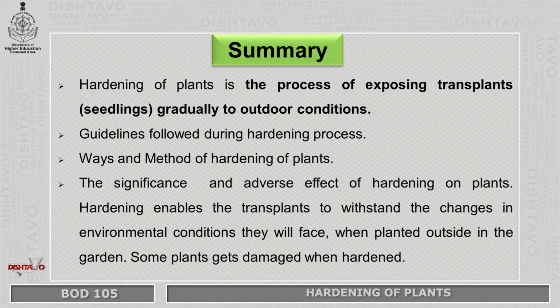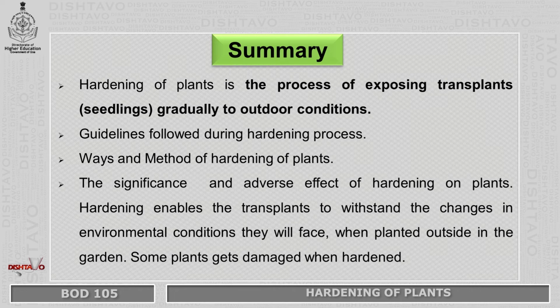Let us summarize. Hardening of plants is the process of exposing transplants or seedlings gradually to outdoor conditions. You have learnt in this module the guidelines which are being followed during hardening process. You also learnt the different ways and method of hardening of plants.